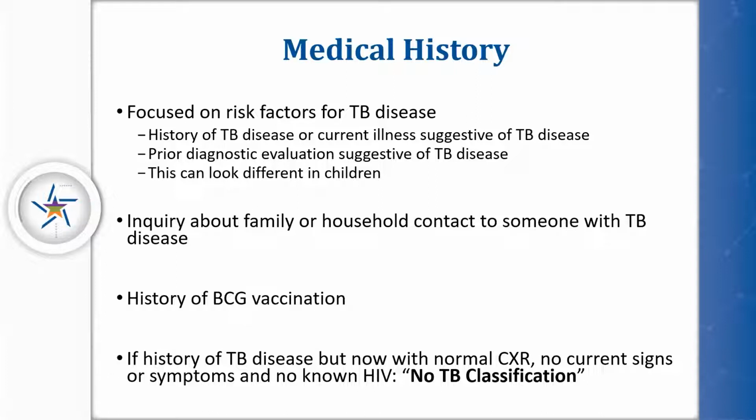If they tell you they had a chest tube, for example, but they quote never found anything, or if they tell you that they had a cough for a long period of time, and they did some evaluations for sputum, or they did some evaluations for imaging around the chest, that would pique your interest, as this could have been previously undiagnosed tuberculosis. But know that this focus on risk factors and history can be very different for children.